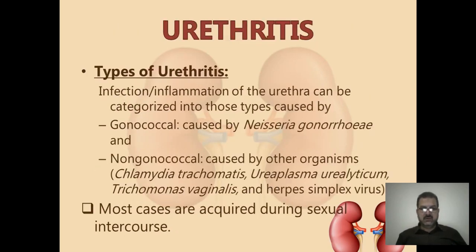Urethritis: infection and inflammation of the urethra. Most of the time it will be gonococcal infection or non-gonococcal infection like chlamydia, ureaplasma, trichomonas. Most of these are sexually transmitted organisms.